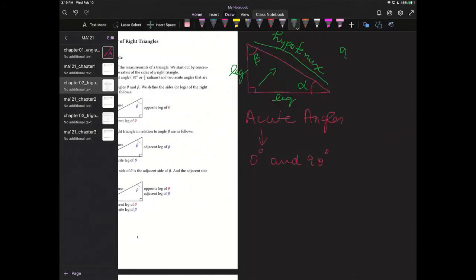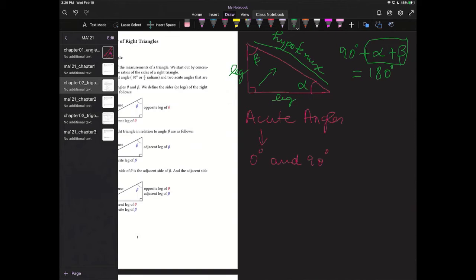You have a 90-degree angle plus whatever alpha is plus whatever beta is. The result has to be 180. So we know that these two together have to sum to 90 degrees, meaning they themselves have to be less than 90 degrees. So they are all acute angles.